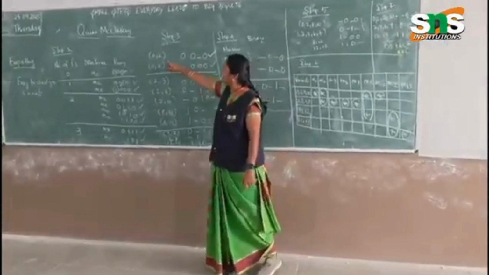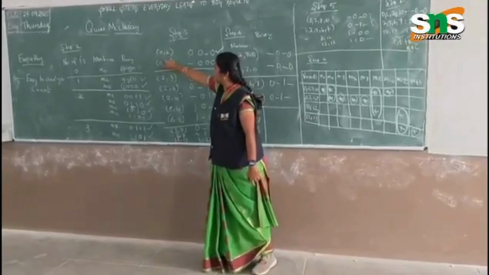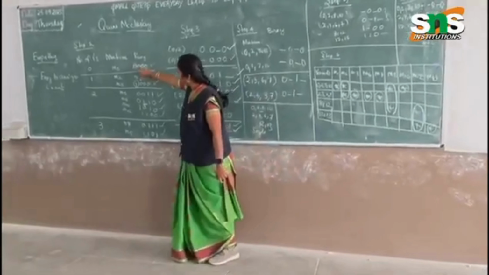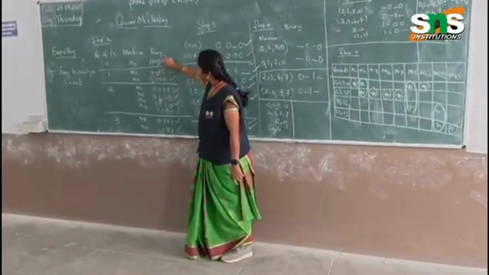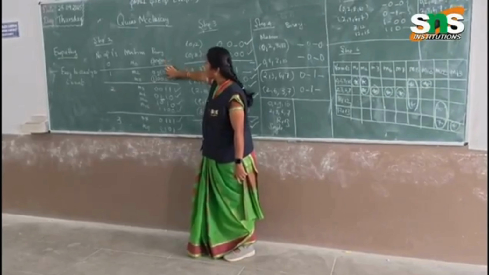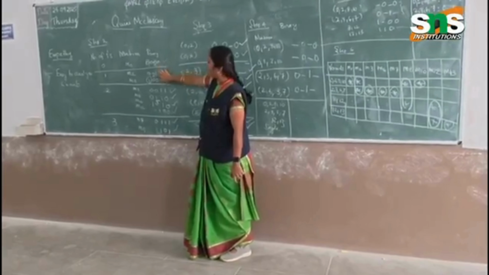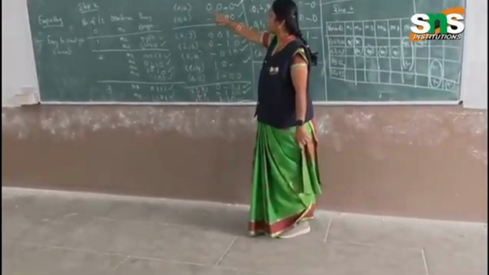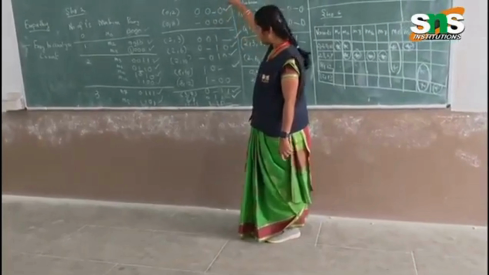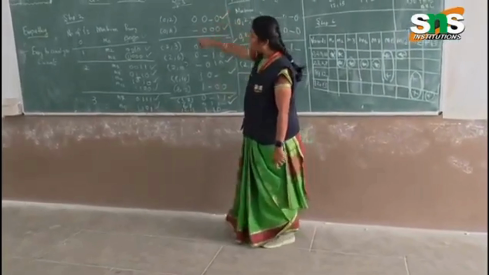I have compared here 0 and 2. So 0, 0, 0, 0 and 0, 0, 1, 0. In these two minterms, only one variable differs. So I write 0, 0, hyphen, 0. Like this I have to compare all the terms.